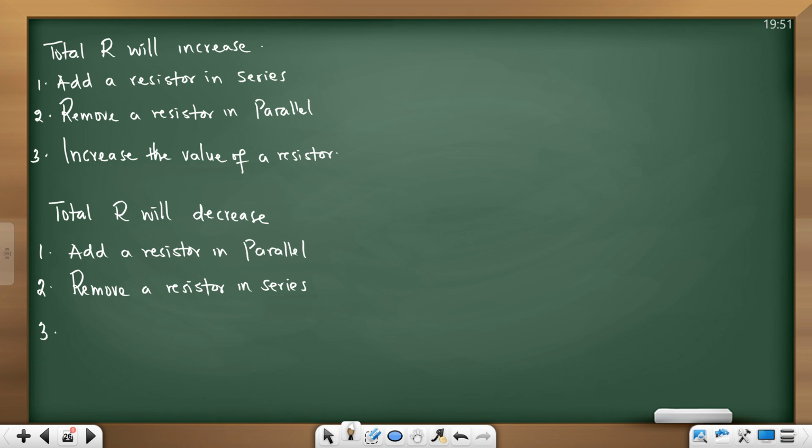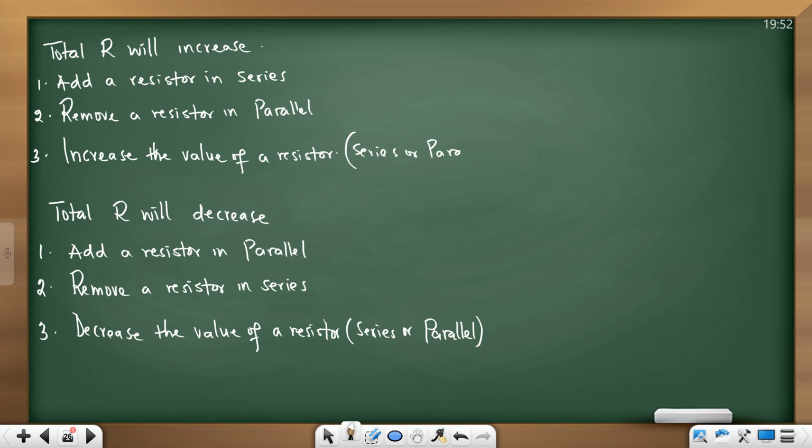And number 3, decrease the value of a resistor, whether in series or parallel. Same thing here, whether it's in series or in parallel.